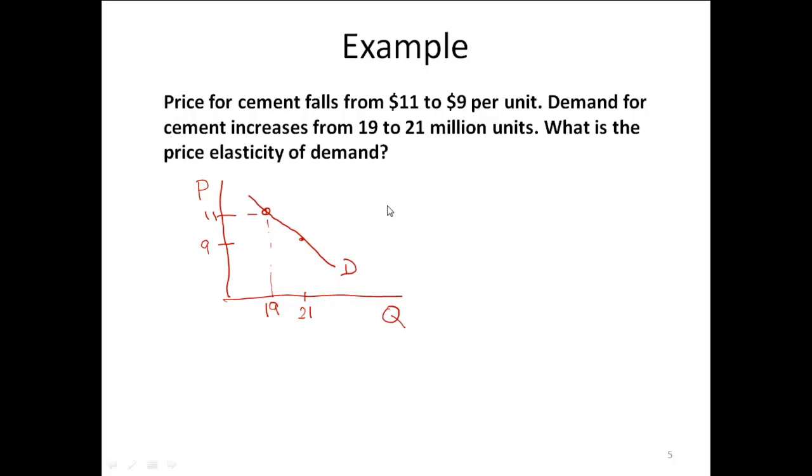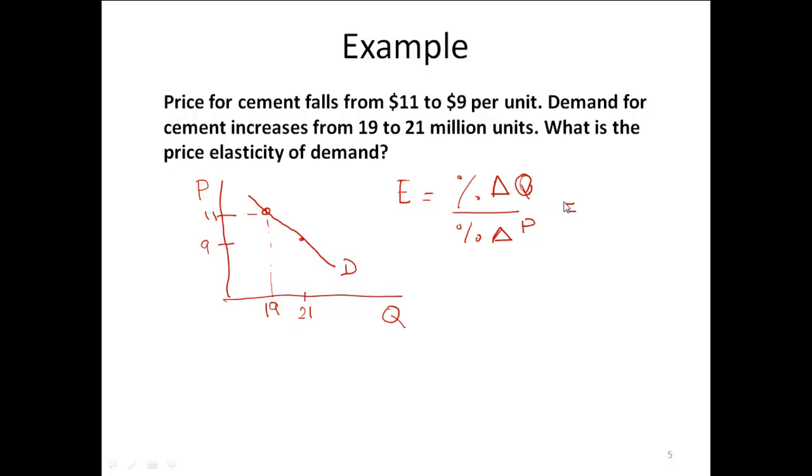Now let's calculate the elasticity of demand given the formula we just looked at, which was elasticity of demand is the percentage change in quantity divided by the percentage change in price. In our example, what is the percentage change in quantity?